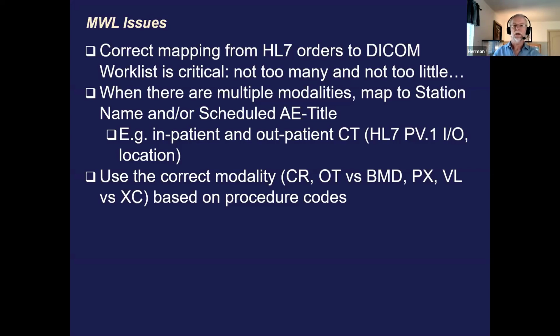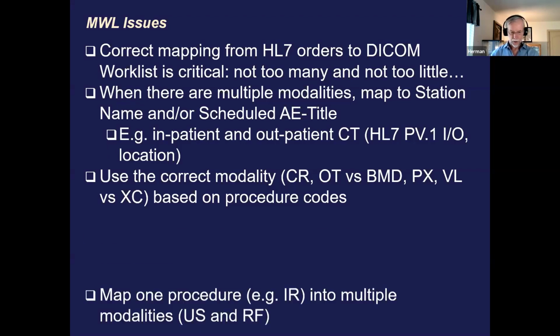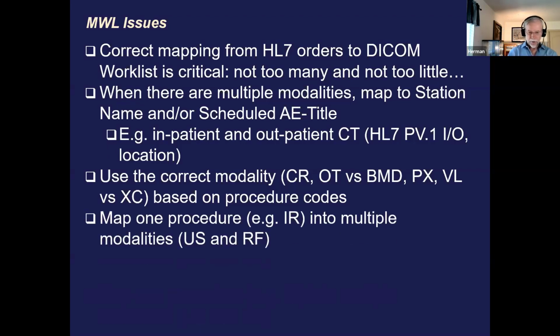If it's ophthalmology, I map it to visible light. So use the correct modality. And I sometimes map one procedure into multiple modalities. For example, with interventional radiology, sometimes we want to make sure it shows up on the ultrasound and the fluoro worklist. So you need to be able to do that as well.